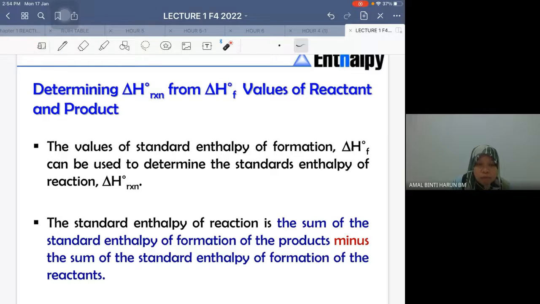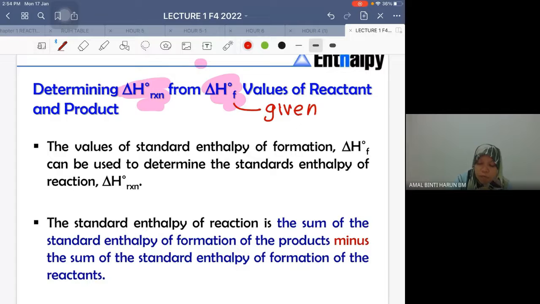In the concept of enthalpy, heat of formation. Okay, we can determine the enthalpy of reaction from the enthalpy of formation. Okay, determine the enthalpy of reaction for a reaction from the enthalpy of formation. So this one is usually given, and this one we need to find.